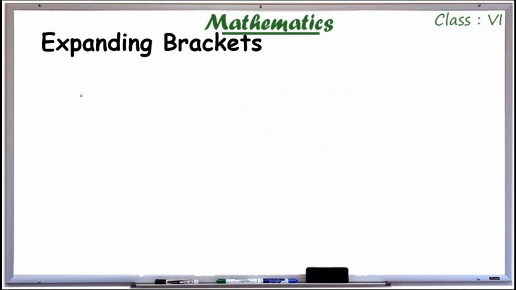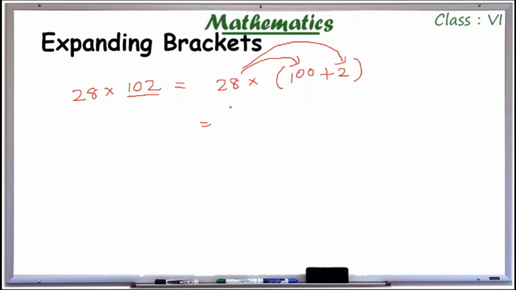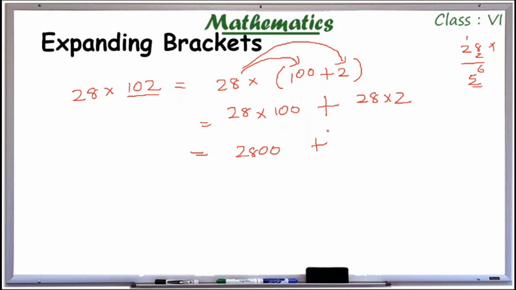I will show another example. Suppose 28 into 102. It is very difficult to multiply 28 into 102, so I am splitting 102 into 100 plus 2. Now I am giving this 28 to both 100 and 2: 28 into 100 plus 28 into 2. 28 into 100 is equal to 2800. 28 into 2 is a smaller calculation, 56.